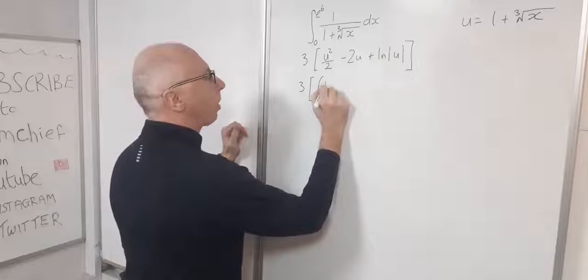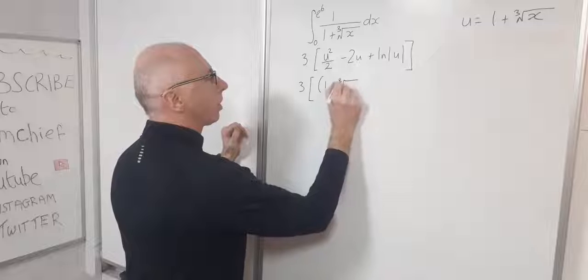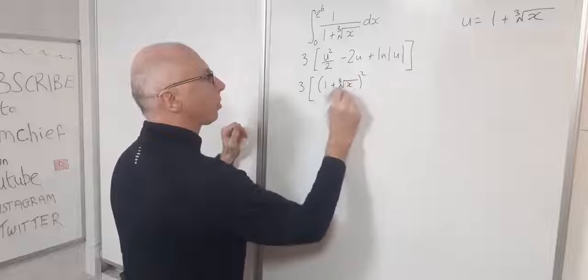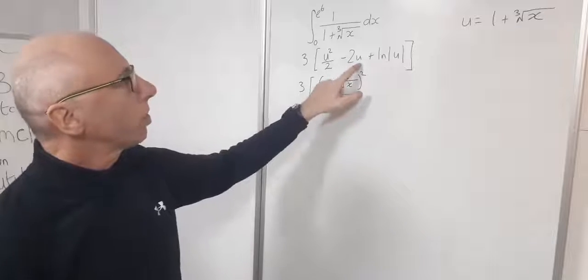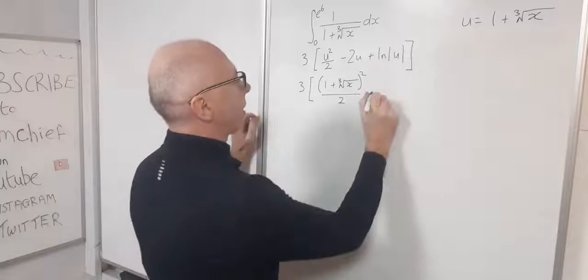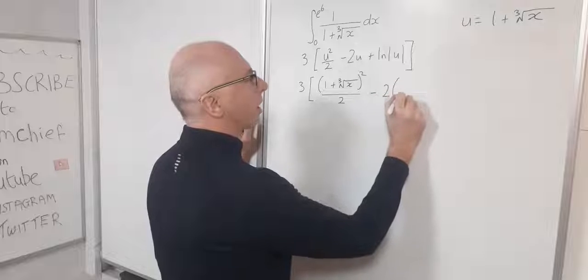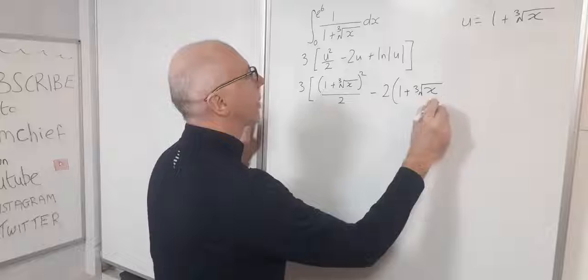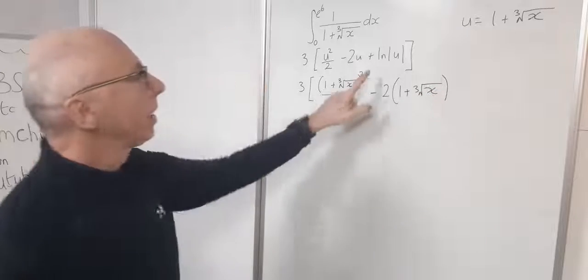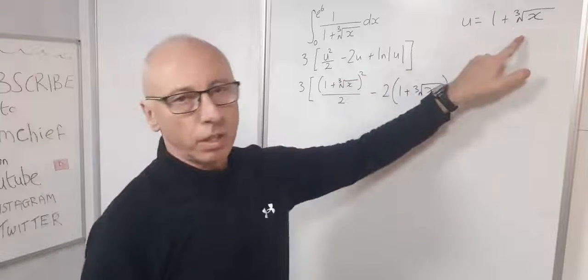So now I've got 1 plus cube root of x all squared over 2. Now I've got minus 2 times this, so minus 2 times 1 plus cube root of x. So that's all of that one. And then plus the natural log of this.